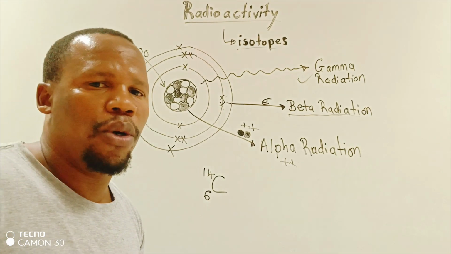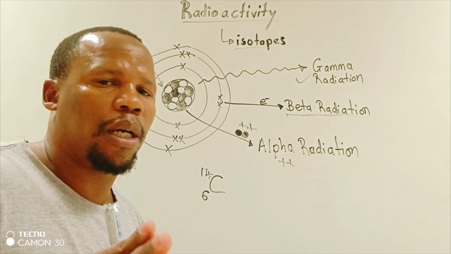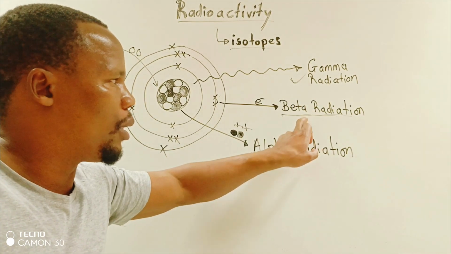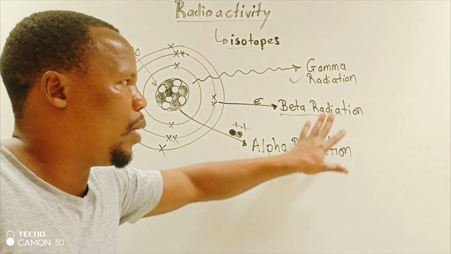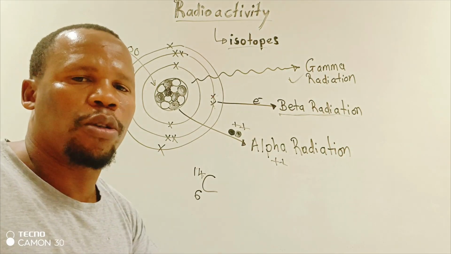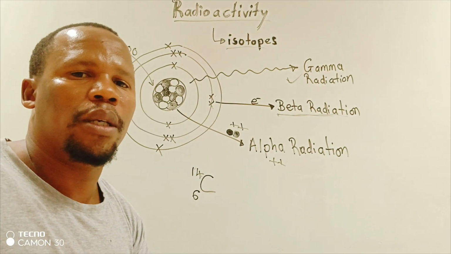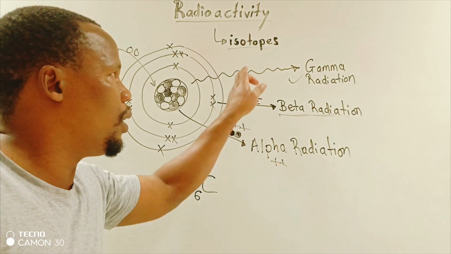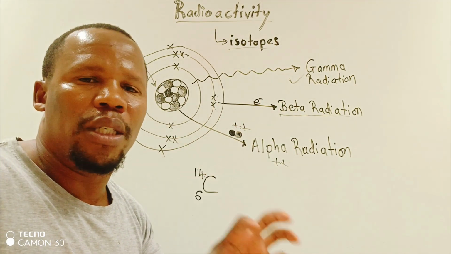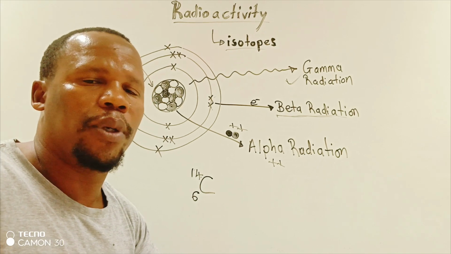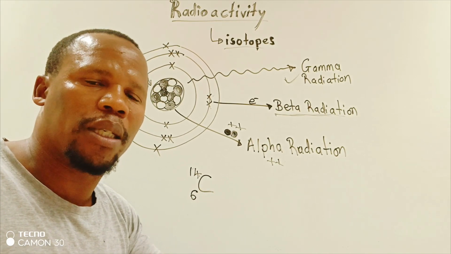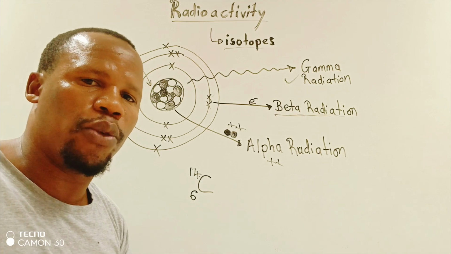So there are three types of radiation produced by these radioactive isotopes: gamma radiation, beta radiation, and alpha radiation. And why are we producing this? Because of extra neutrons. Elements with extra neutrons are called isotopes. An ordinary atom will not be radioactive; only atoms with an extra number of neutrons will be radioactive.